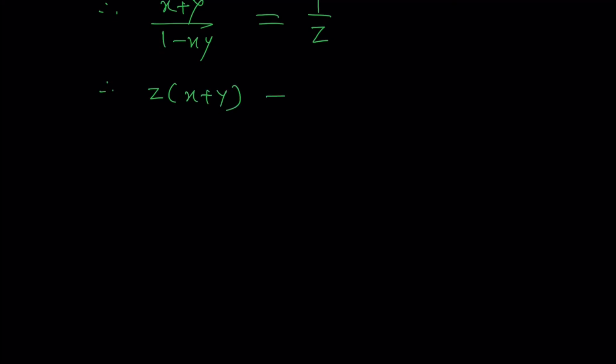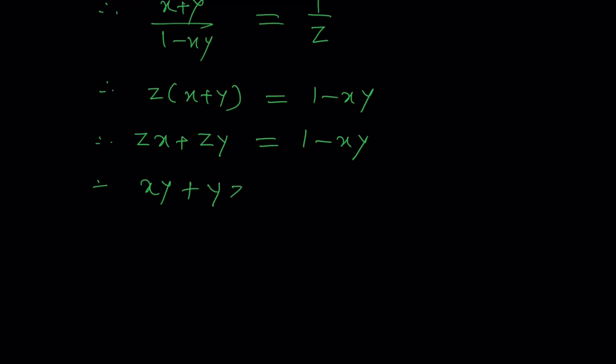Cross multiply and simplify. So, z into x plus y is equal to 1 minus xy. Therefore, zx plus zy is 1 minus xy. Therefore, xy plus yz plus zx is equal to 1. So, we got the required result.